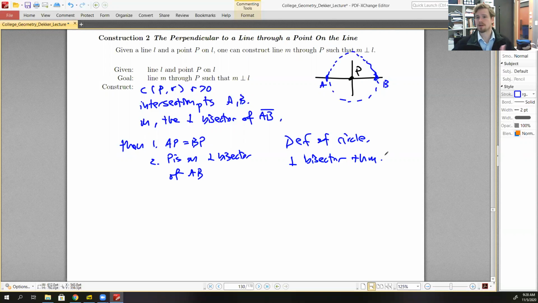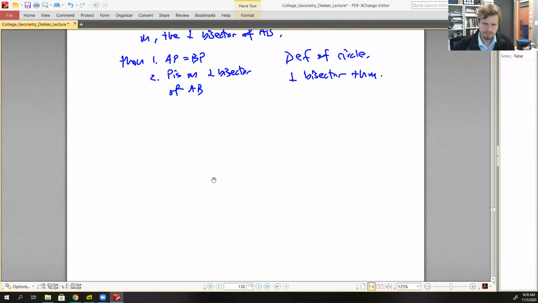And that's all that we need. We know that AP is equal to BP because that's the definition of a circle. By the previous construction, we're able to construct the perpendicular bisector of that. And we know that P is on that perpendicular bisector by the perpendicular bisector theorem. So that's it. But what does that really look like?